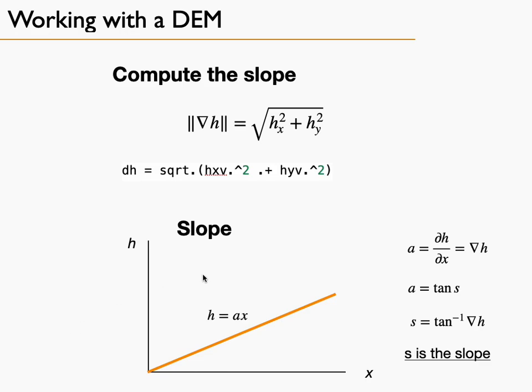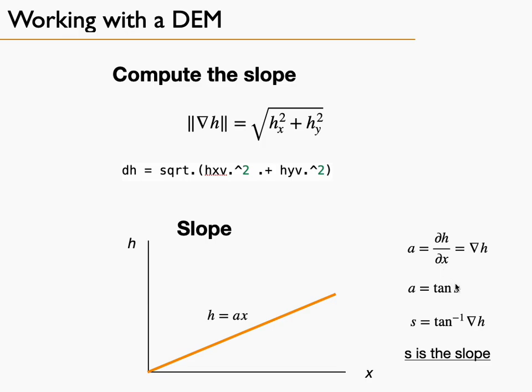So what's a slope now? Let's think in 1D. We have h as a function of x. So h can be written as a times x. It's a linear function here. So a is dh dx.